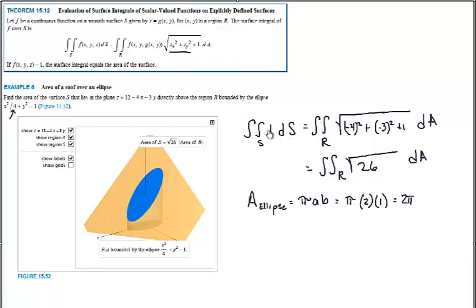Notice that I have my axes of length 2 and 1. There's the area of my ellipse, so for the area of my surface, it's just going to be the square root of 26 times the area of the ellipse, which is 2 pi, so we'll write 2 pi root 26, and that is our surface area.